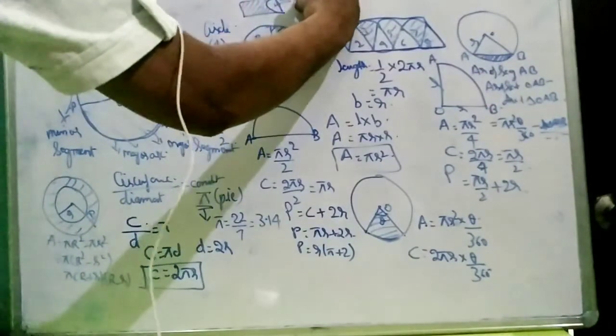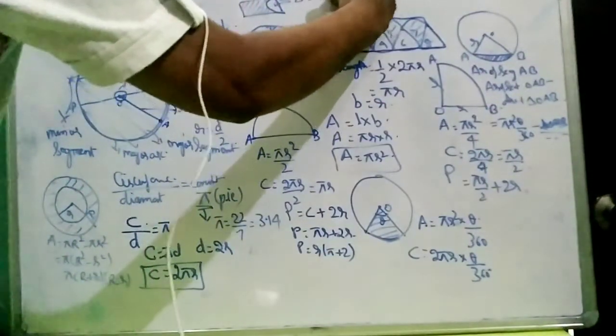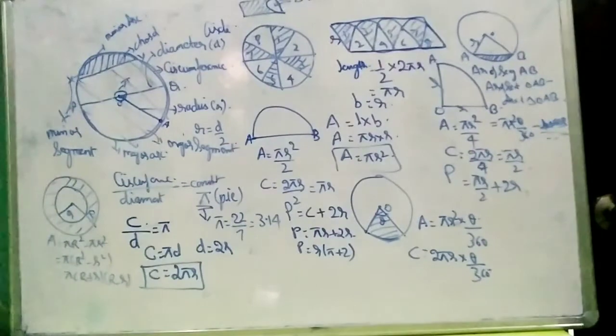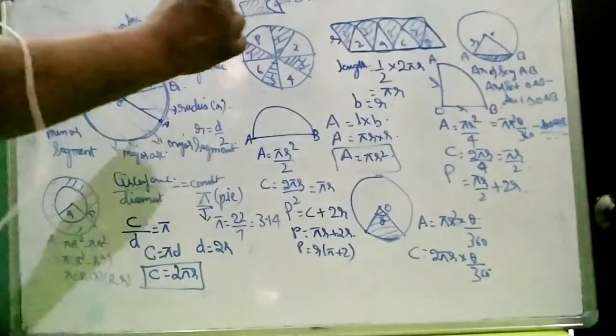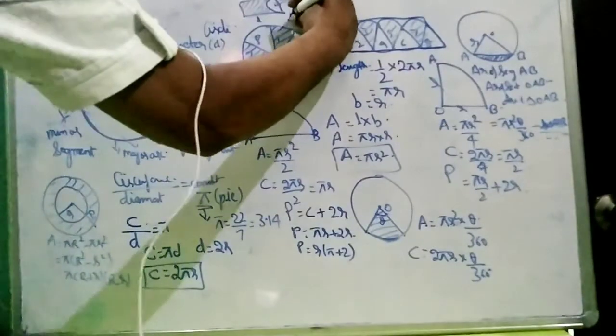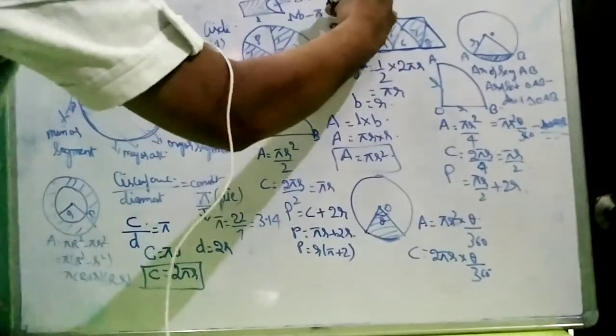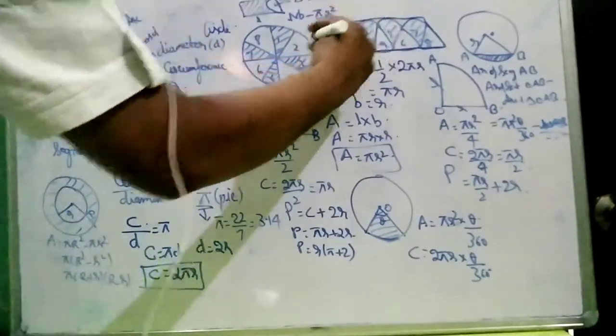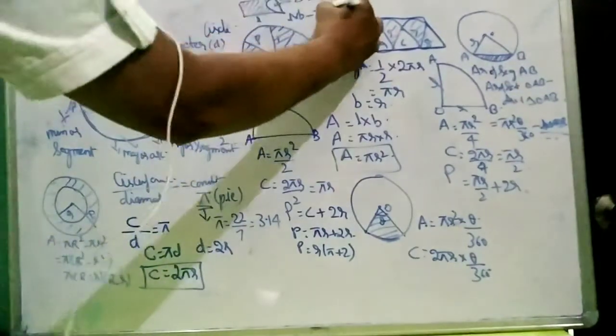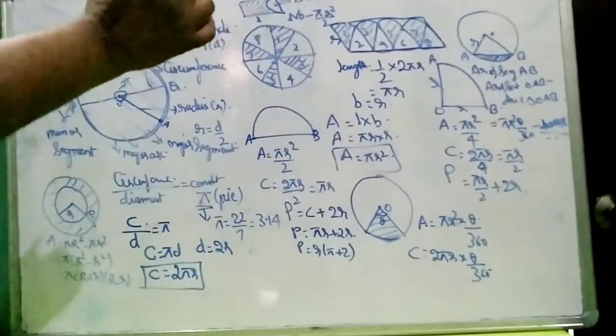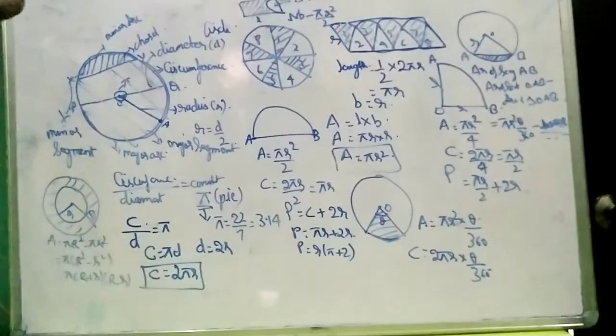The breadth of the rectangle is equal to 2r, and 2r means diameter. So what will happen? The length is given, so length into breadth minus pi r square upon 2. So r is equal to half of b, which you can substitute over here and you will get the answer.